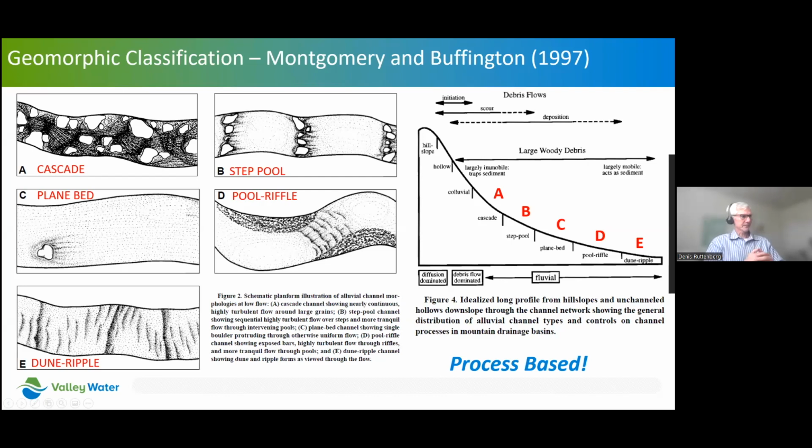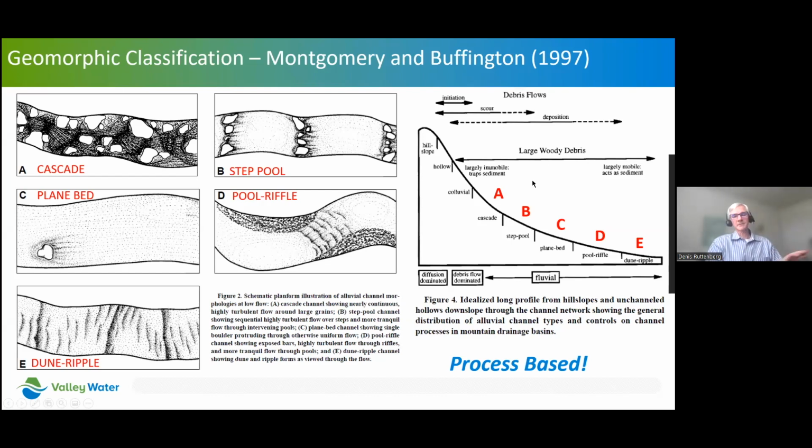It's pretty rough, pretty steep. And then the middle part, step pool, plane bed, and pool riffle, could be generally transport reaches. All the sediment goes through. And then in a dune ripple, you might have a depositional reach, process space.